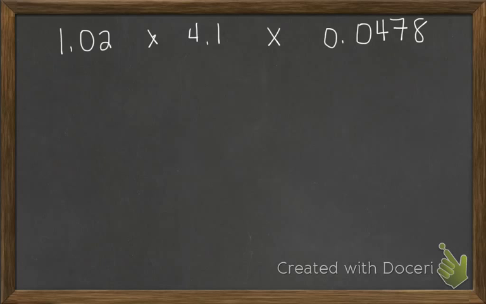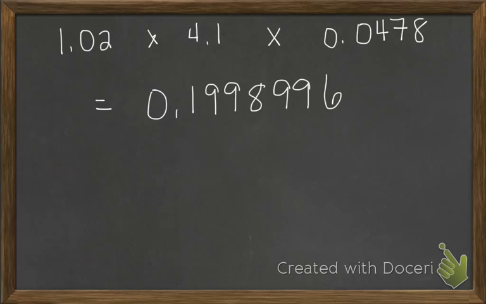My calculator tells me that the answer, when I multiply those together, is 0.1998996. Well, that's a lot of numbers.